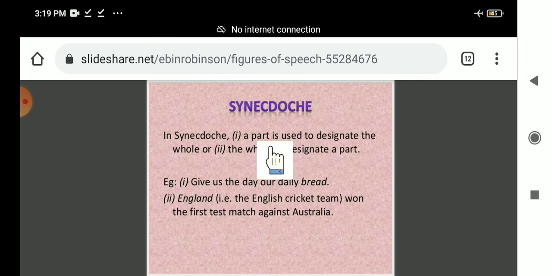In synecdoche, a part is used to designate the whole, or the whole to designate a part, where a small part is used to define the whole or the whole is used to define the small part.